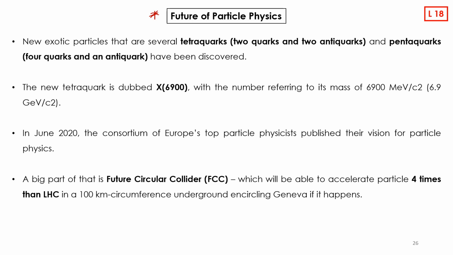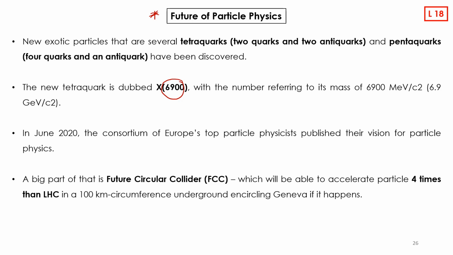They are known as tetraquarks, which consist of 2 quarks and 2 antiquarks, and pentaquarks, which have 4 quarks and an antiquark. The new tetraquark is dubbed X6900, 6900 being the mass of the tetraquark.